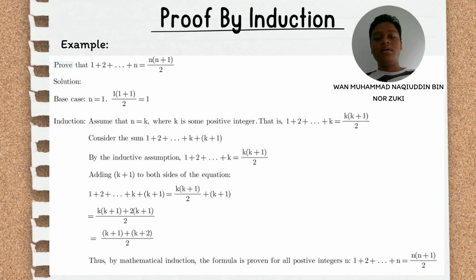By the inductive hypothesis, 1 plus 2 plus up to k equals k times (k plus 1) divided by 2.